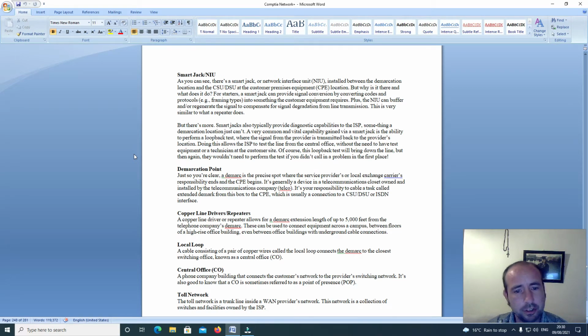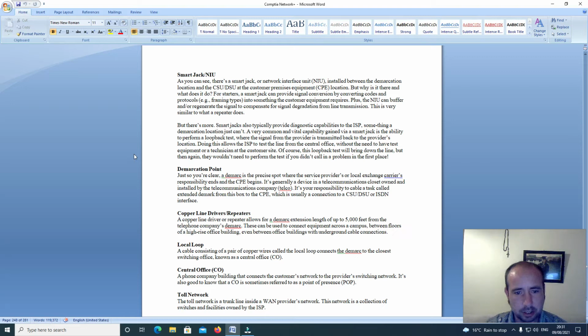For starters, a smart jack can provide signal conversion by converting codes and protocols, e.g. framing types, into something the customer equipment requires, plus the NIU can buffer and/or regenerate the signal to compensate for signal degradation from line transmission. This is very similar to what a repeater does, but there's more.